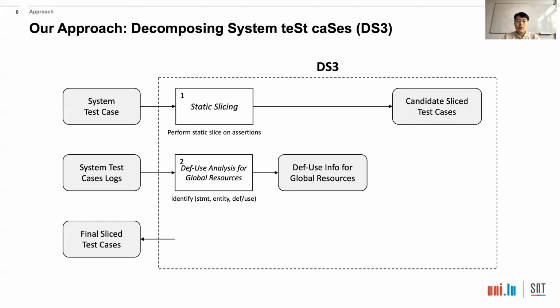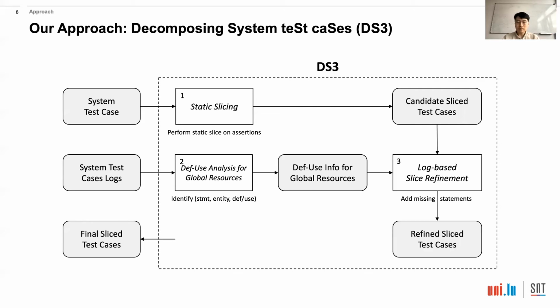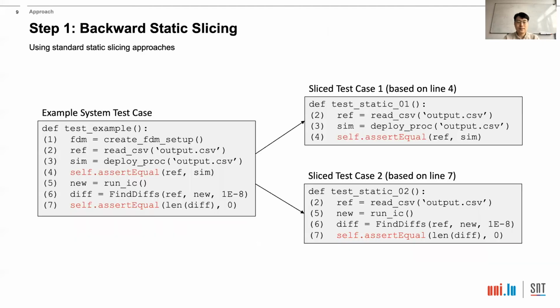On the other hand, we analyze the def-use of the global resources from the logs, and that information is used to refine the static slices. The refined slices then go through the minimization step, which tries to remove any redundancy between the slices. I will explain each of the steps in more detail with examples in the following slides.